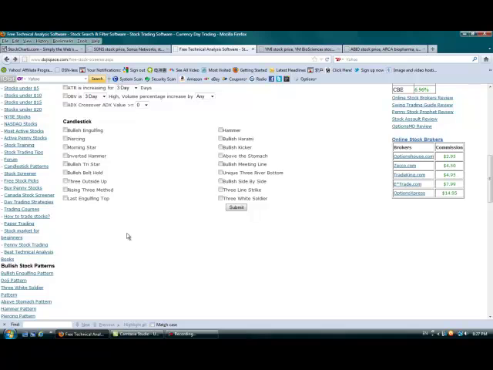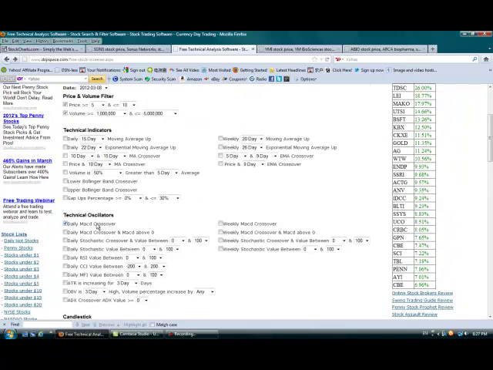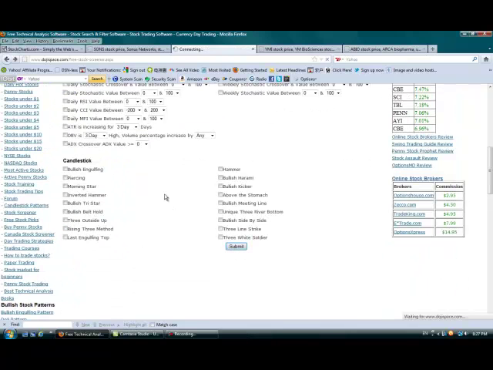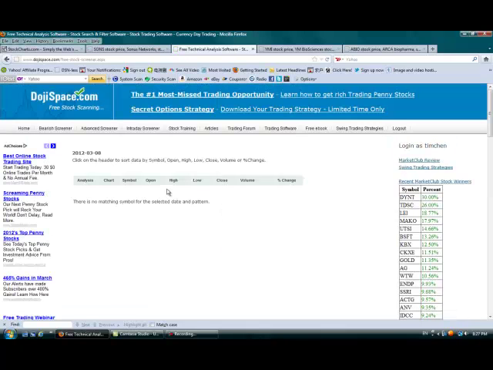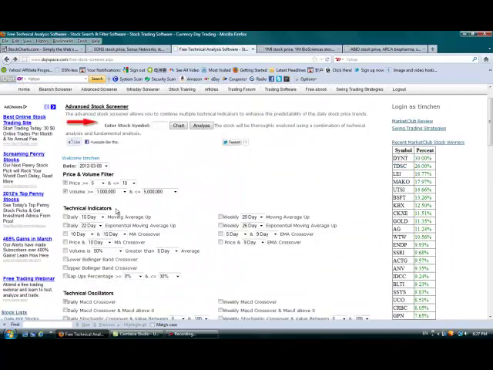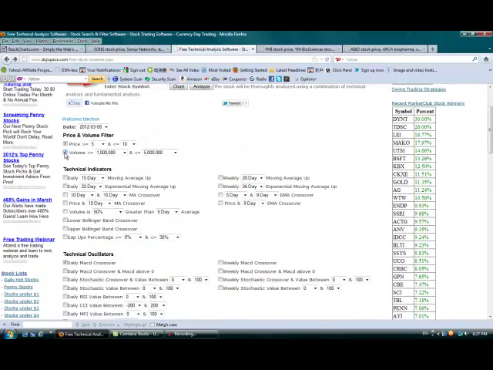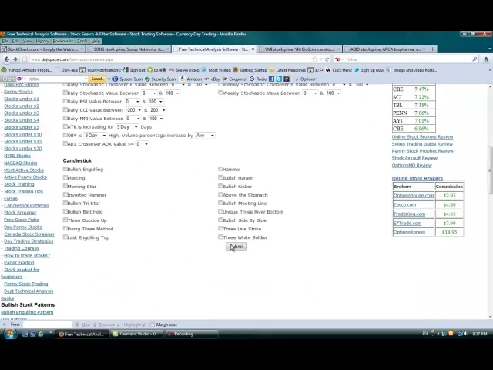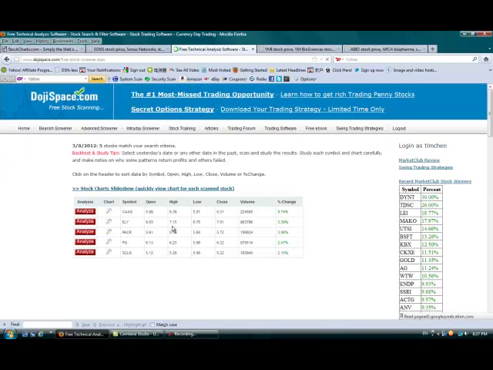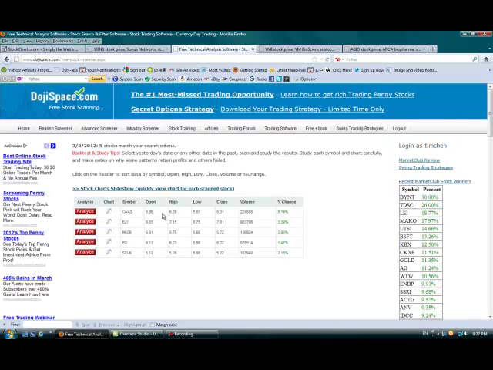Just check these two conditions along with the daily MACD crossover, and then click submit again. Okay, unfortunately there are no stocks that match our criteria. Let's uncheck the volume and do it again. Okay, so these are the stocks that are trading in the range of $5 to $10.